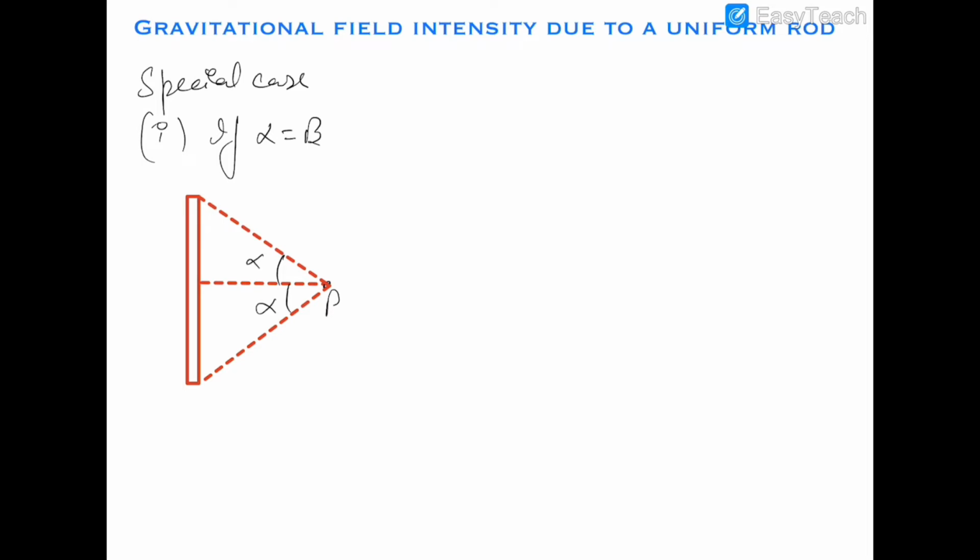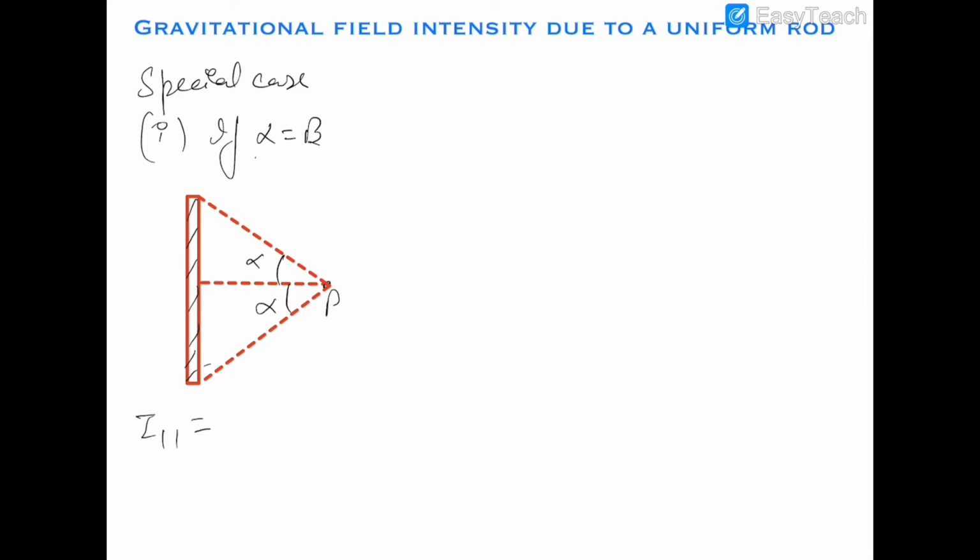In this case you can see that the parallel component must cancel out, because the lower half will pull this point in this direction and the upper half will pull in this direction with the equal gravitational field. So the parallel component should cancel out, and let us examine this fact.